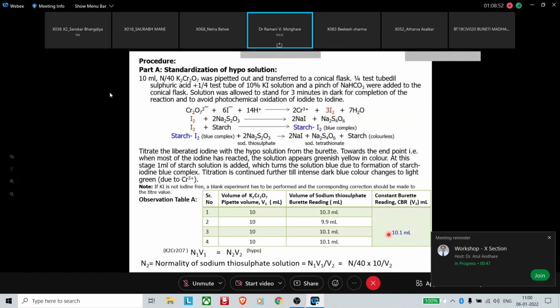V2 is 10.1 ml, that is the volume of sodium thiosulfate. So what reading will you get here? The normality of sodium thiosulfate will be this into this divided by 10.1. It will be slightly less since it is 10.1, something like 0.0249. So whatever is coming you have to write here.